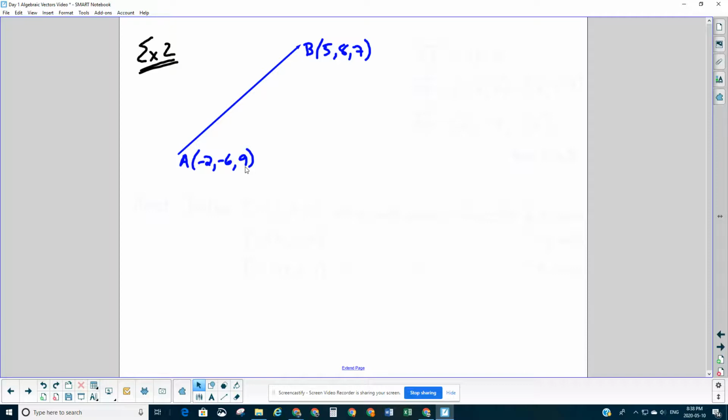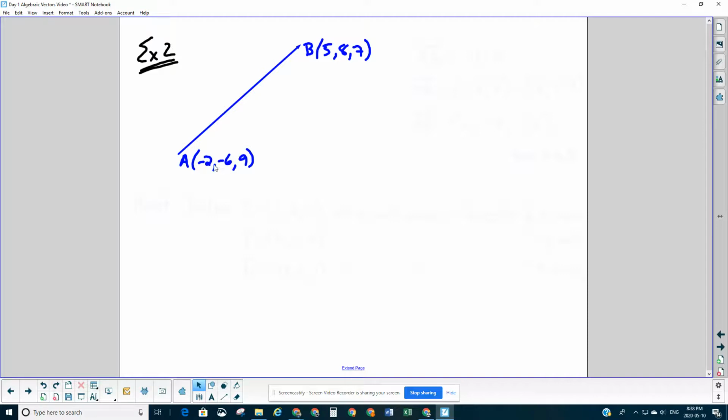Okay? And this vector goes from -2, -6, 9 to 5, 8, 7. I don't need to really worry about what that actually physically looks like, although I imagine it is coming out of the page, from my left to my right.